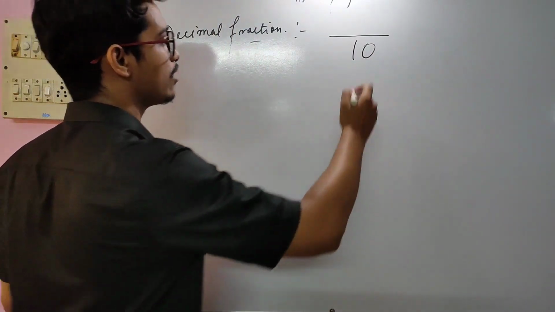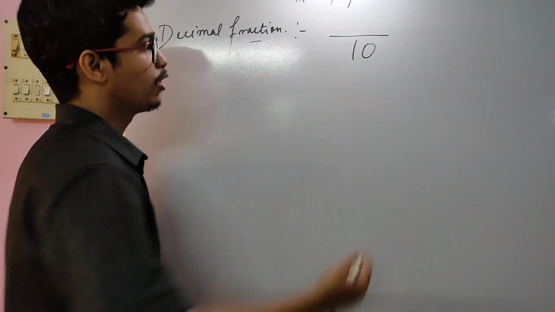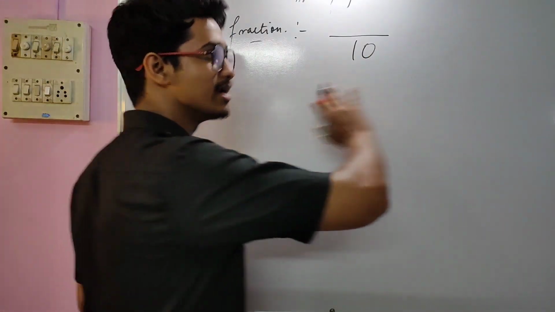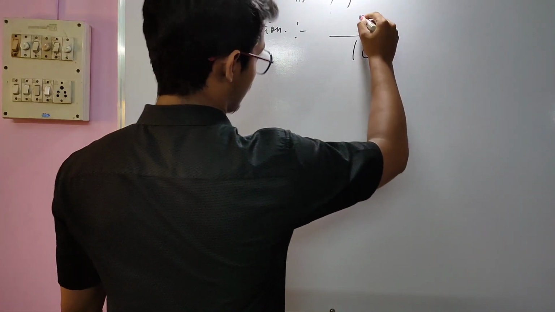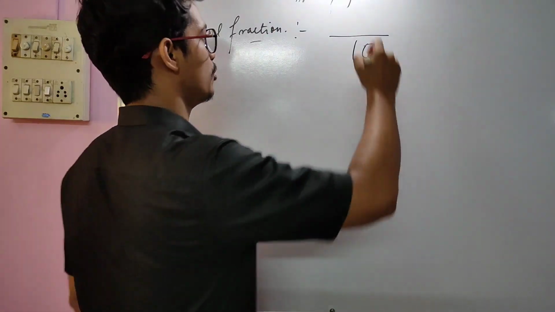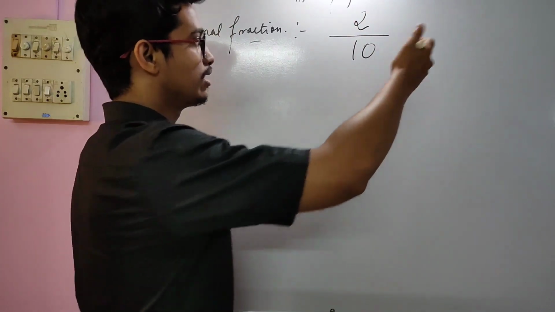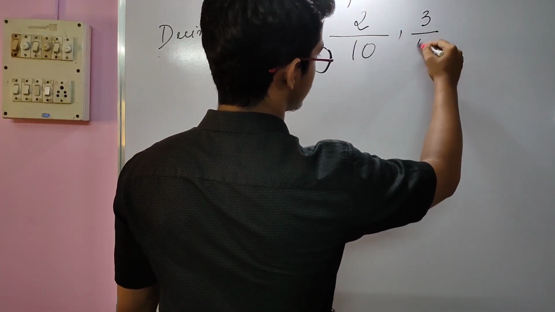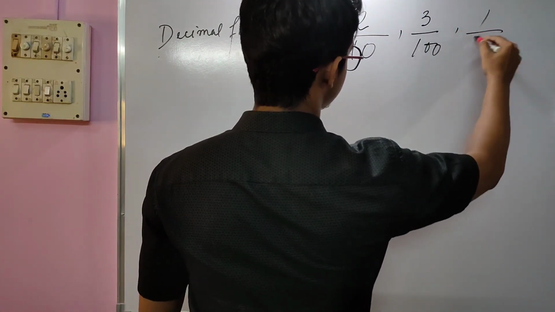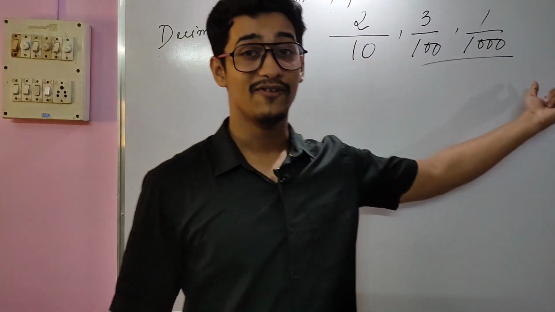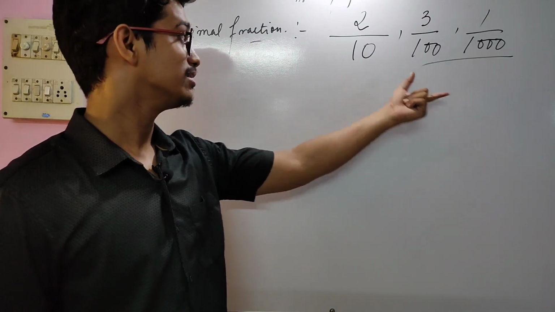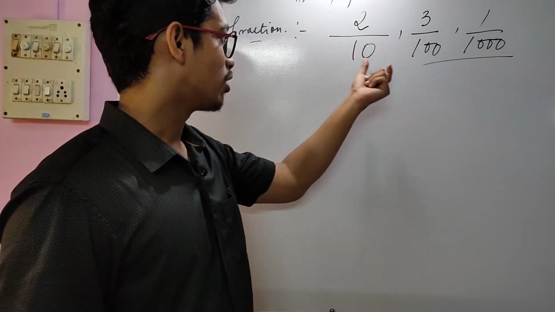Let's say the powers of 10 only, or we can divide the denominator with 10 only. So in the numerator it could be anything, no problem. Let's say 2 by 10, 3 by 100, let's say 1 by 1000.